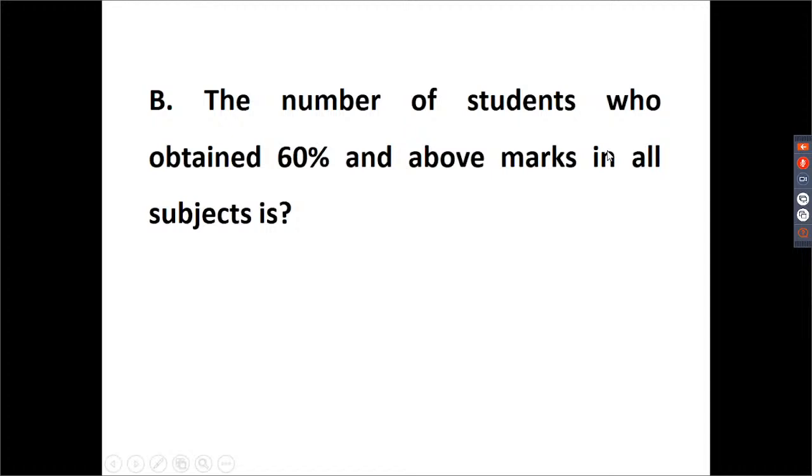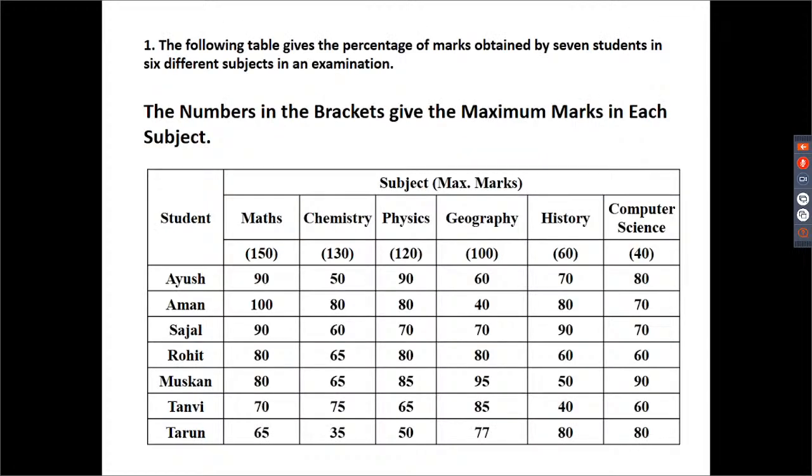The number of students who obtained 60% and above marks in all the subjects. 60% and above marks in all the subjects is nothing but here. Ayush is getting 90% in mathematics, chemistry 50%, physics 90%.